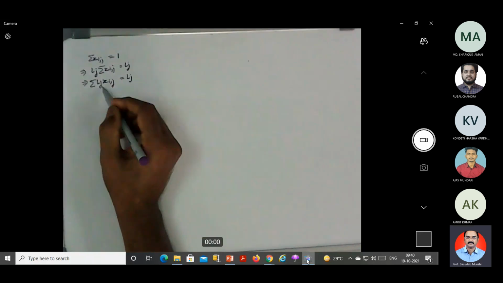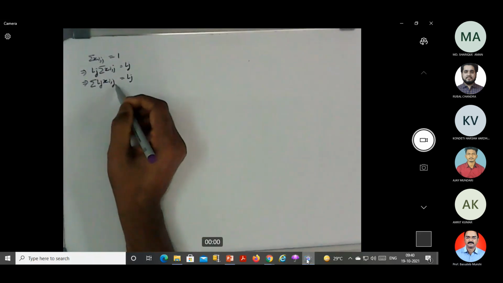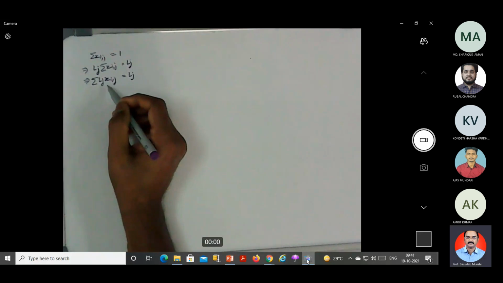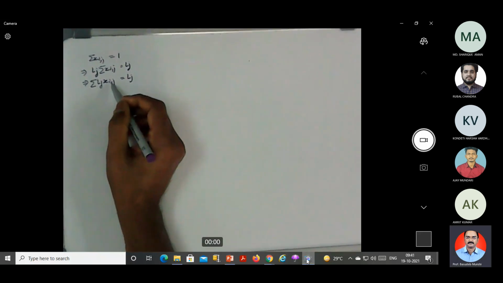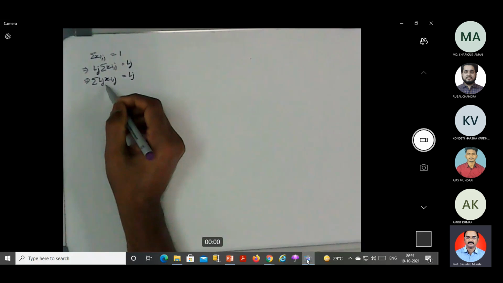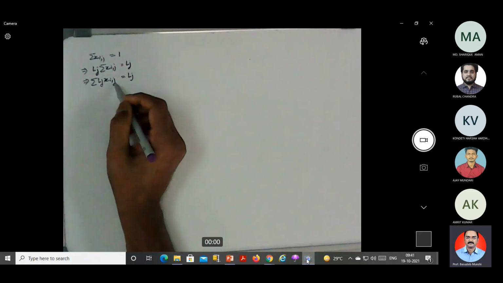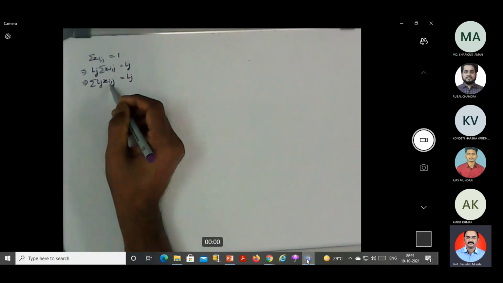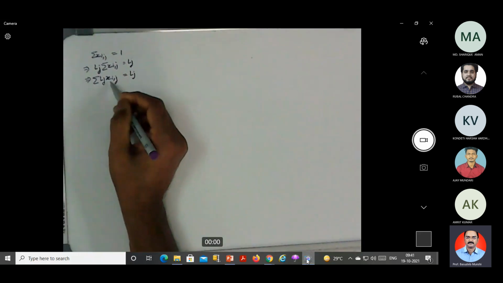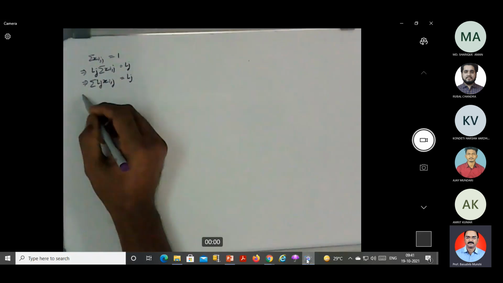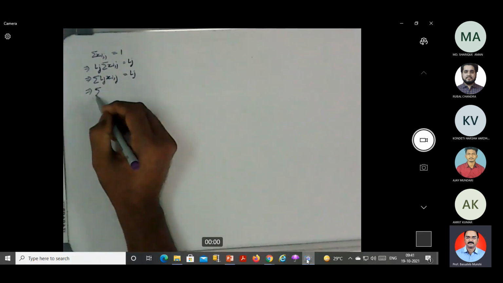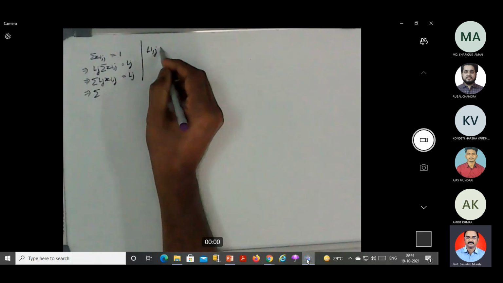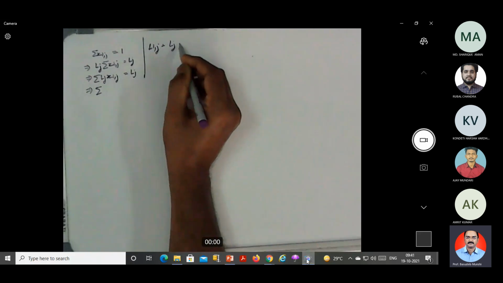Now you look at this one. What is Lj into xij? Lj into xij is nothing but the amount of the ith component, or the flow rate of the ith component in the leaving liquid stream. So that we can represent by small Lij. So we can write small Lij equal to capital Lj into xij.